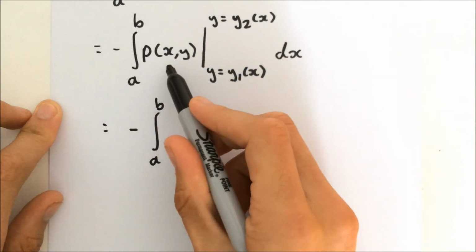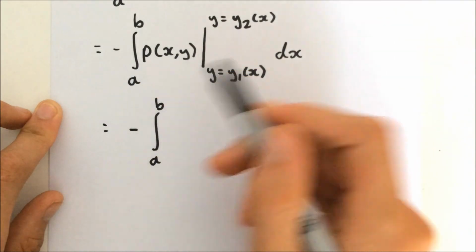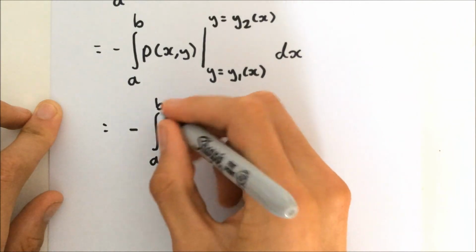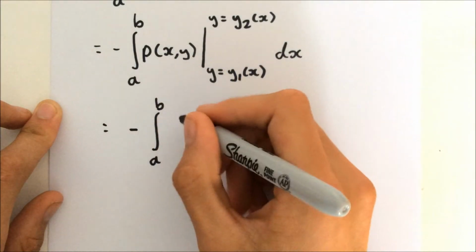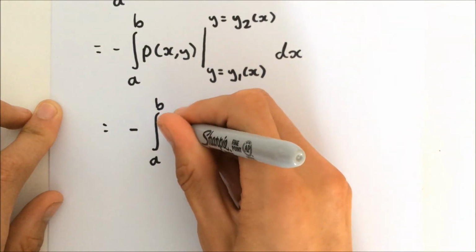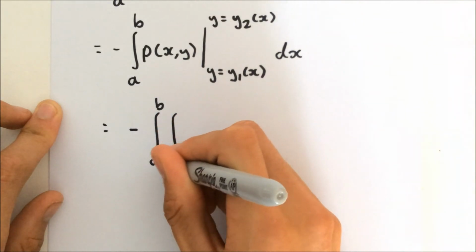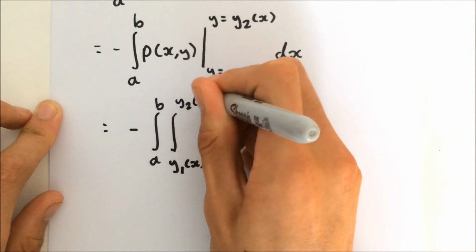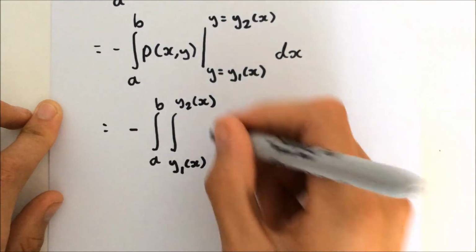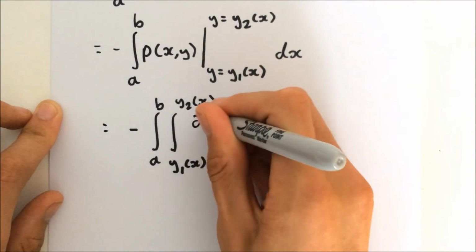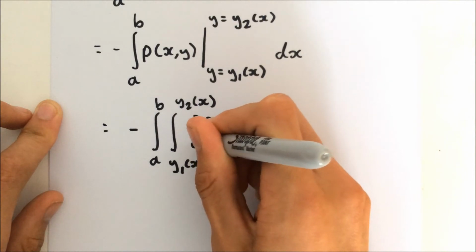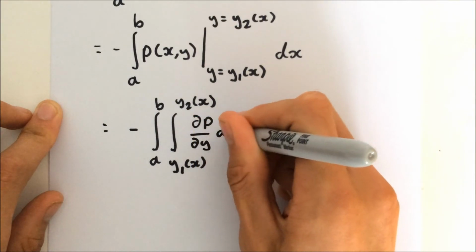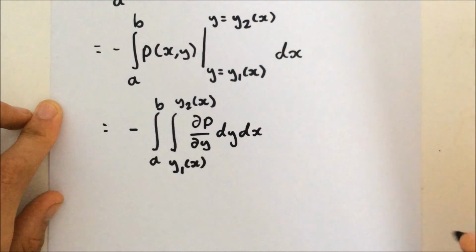but we can actually turn this into an integral using our partial derivatives. So that's integral from a to b, and then we get the integral though from y1 of x to y2 of x, okay? And then we have the partial derivative of p with respect to y, dy, dx.